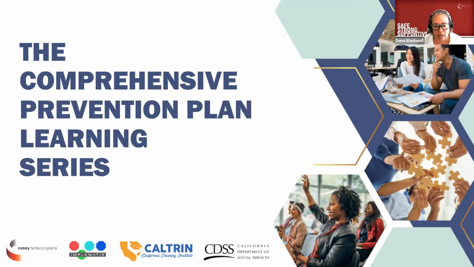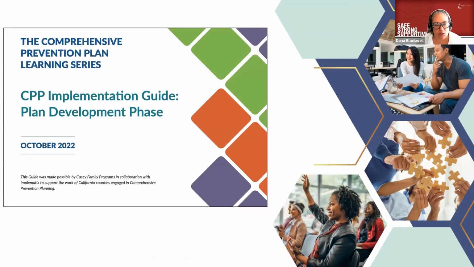Before we get started, I really want to identify 2 tools that have recently come up. 2 tools that have recently been shared with you all and are currently on the Caltrin website. The first is the CPP Implementation Guide, Plan Development Phase.